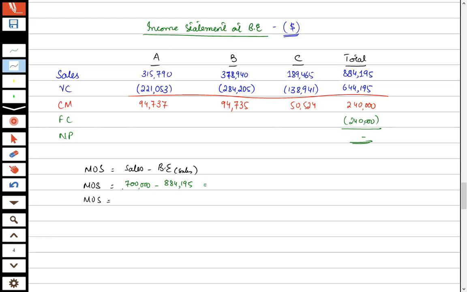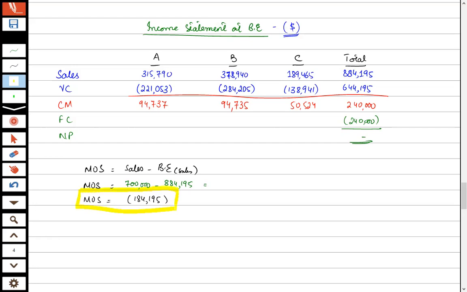Negative 184,195. Negative is written in brackets in accounting. Now this is the MOS. We will talk about the ratio later.